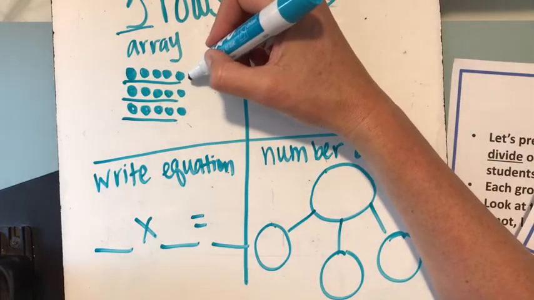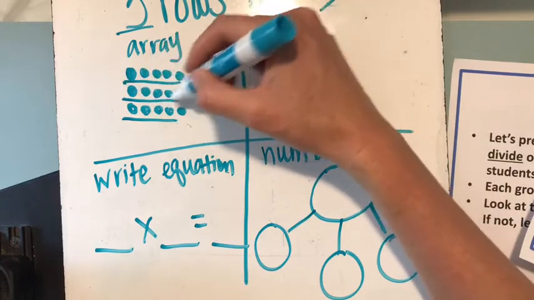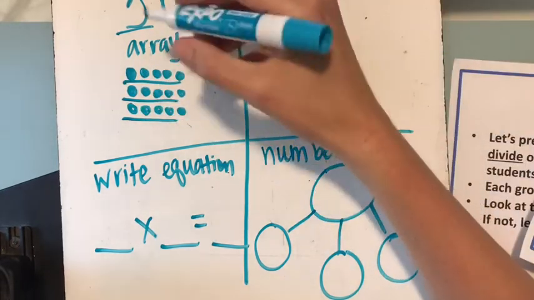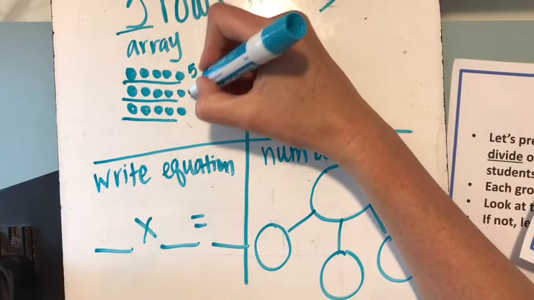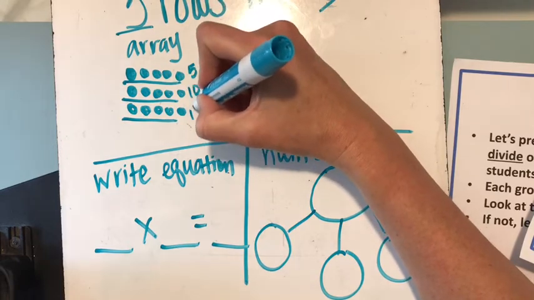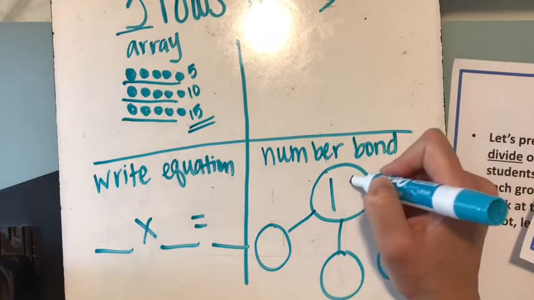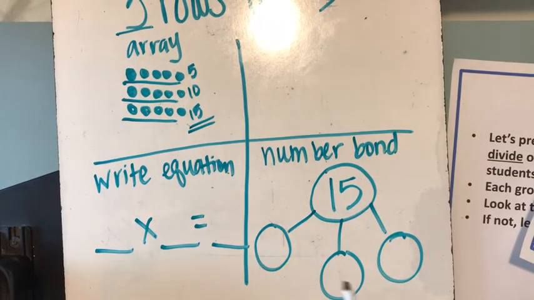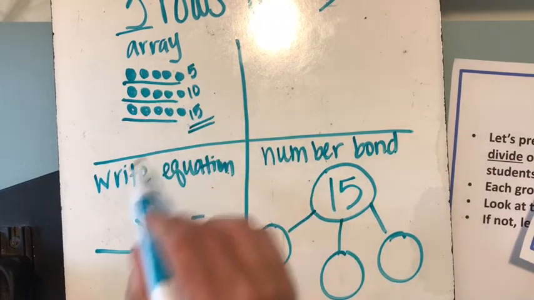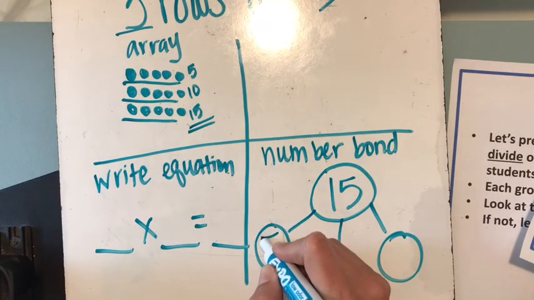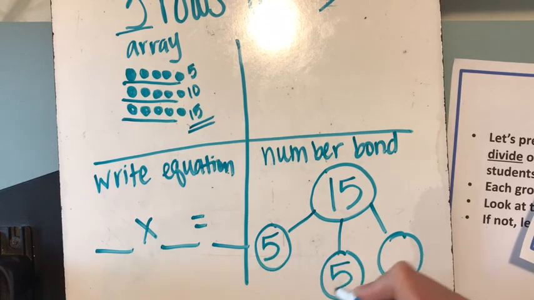So I'm going to count by what? I'm going to count by 5s, right? 5, 10, 15. So I know my total is 15. So I have my 3 groups, my 3 rows, right? And the size of each group was 5. So that's what your number bond should look like.